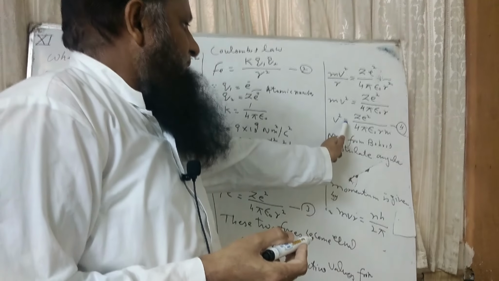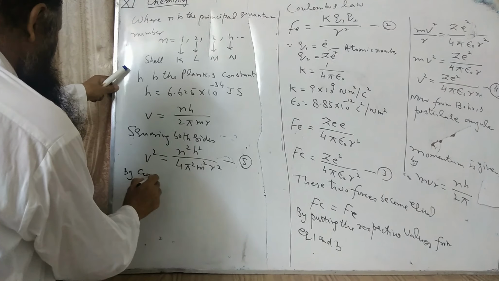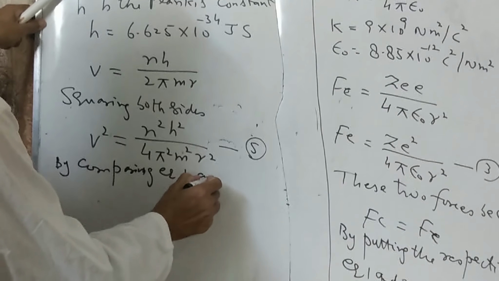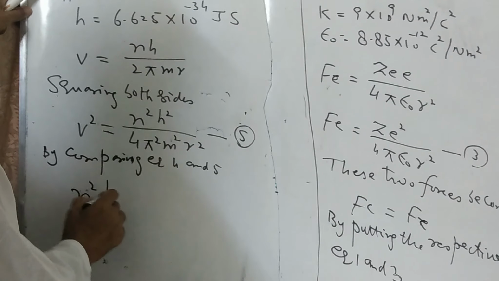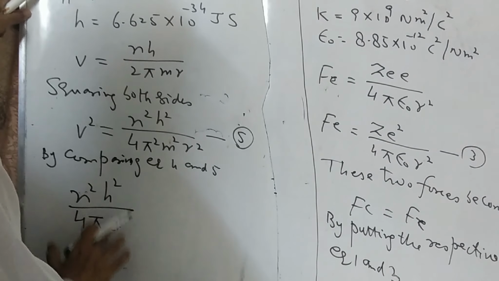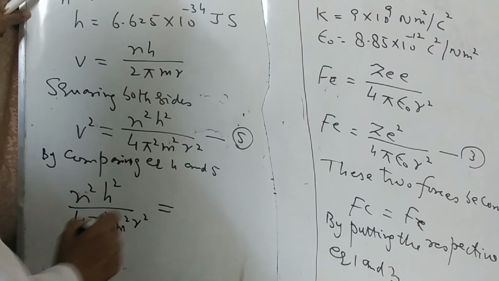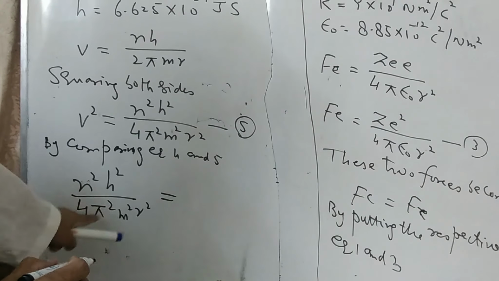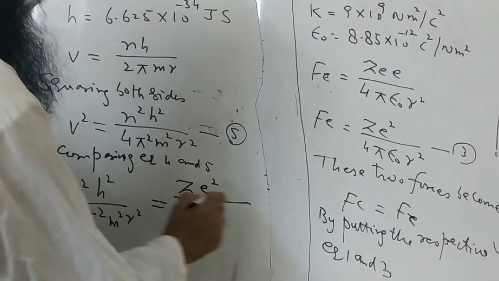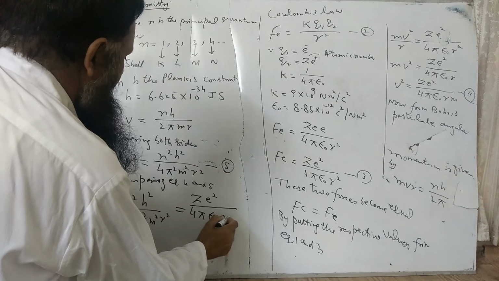So by comparing equation 4 and 5, we will get n square h square over 4 pi square m square r square is equal to z square e square over 4 pi epsilon naught r into m.